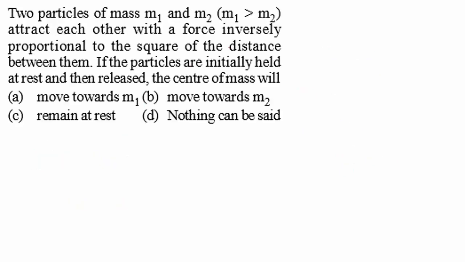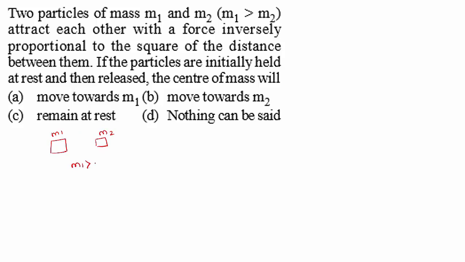Two particles of mass m1 and m2, with m1 greater than m2, attract each other with a force inversely proportional to the square of the distance between them. If the particles are initially held at rest and then released, then the center of mass will be? See here, there are two particles. Let us take the first particle as m1 and the second particle as m2.